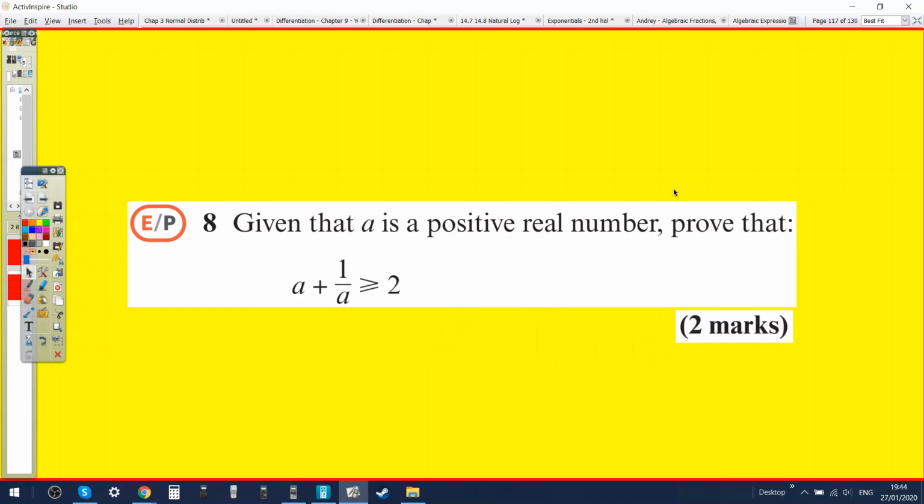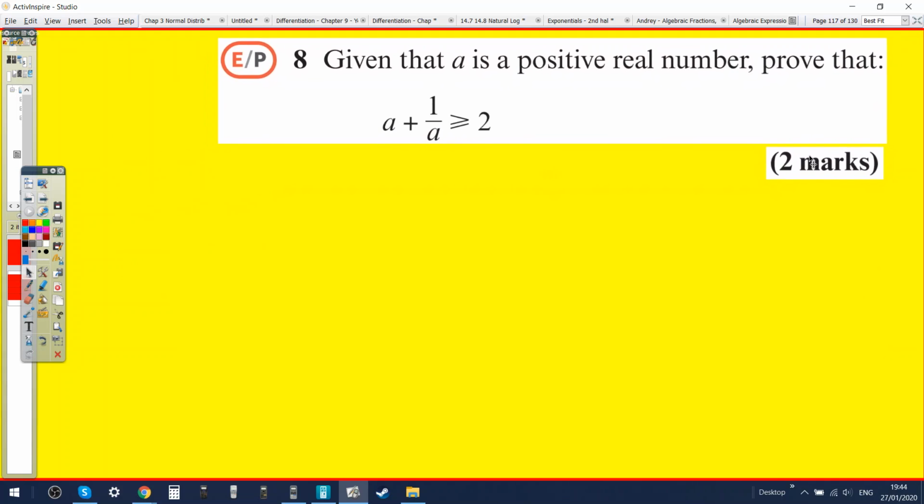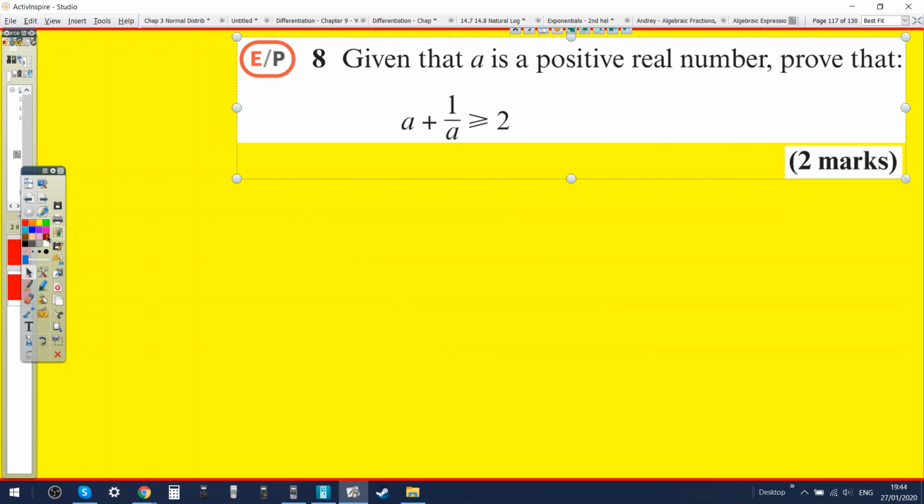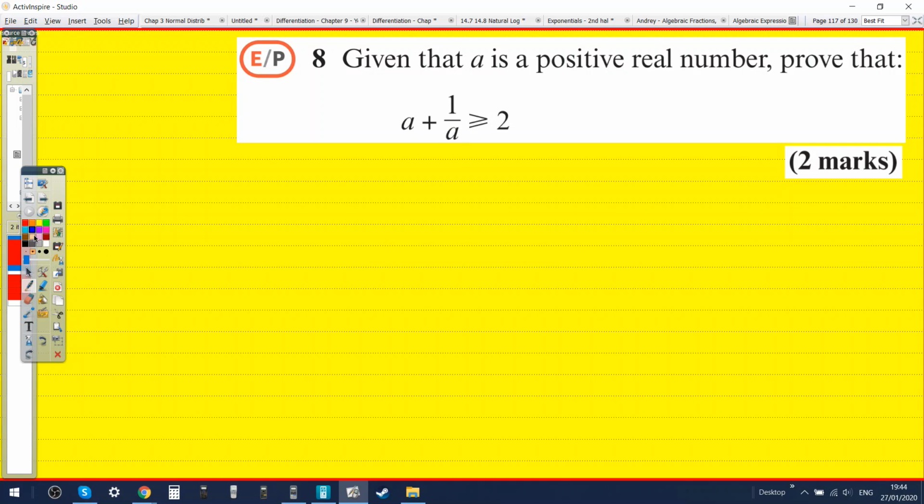Okay, how do we do this one? Okay, so what do I need to do?